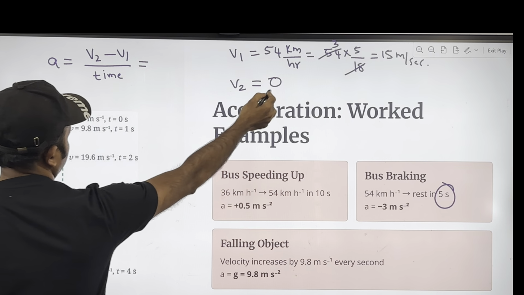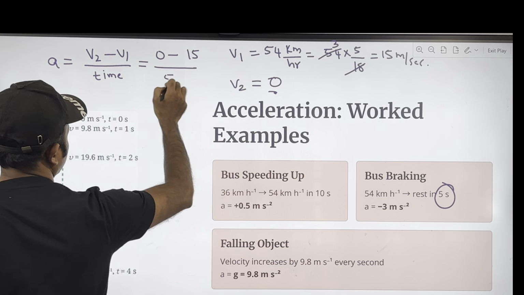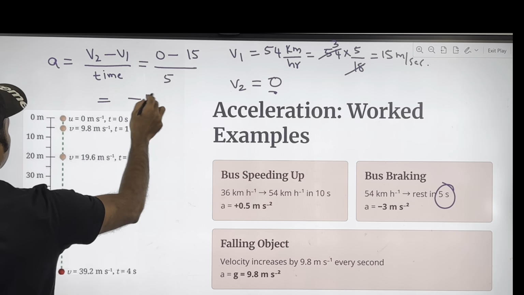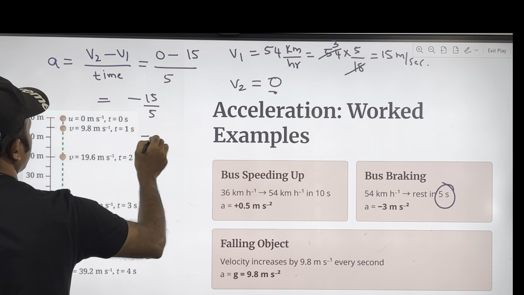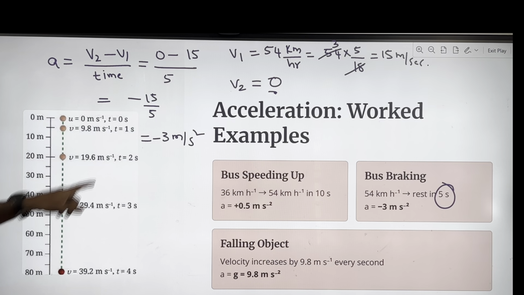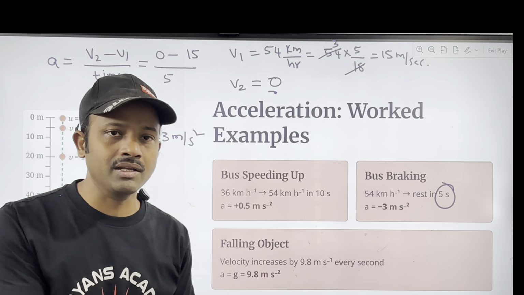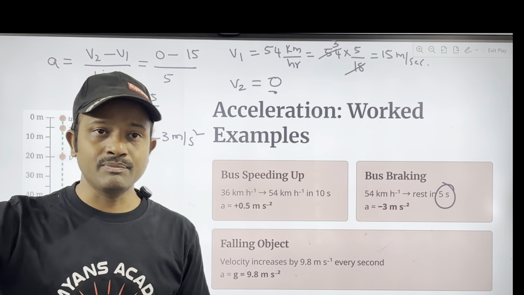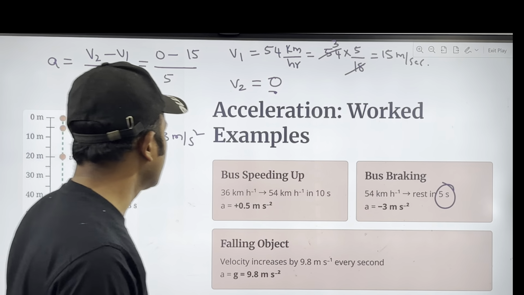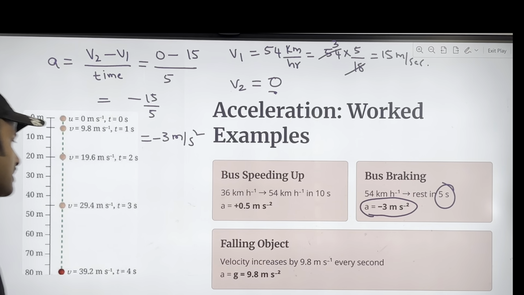V2 is 0, V1 is 15, time gap is 5, so minus 15 by 5, which equals minus 3 meter per second square. The acceleration is minus 3 meter per second square, meaning negative acceleration indicates a decrease in speed.